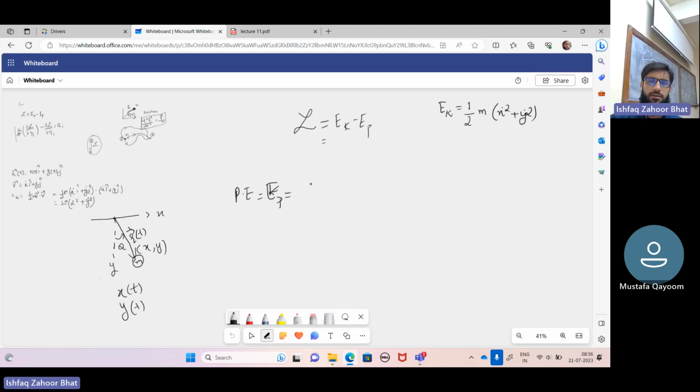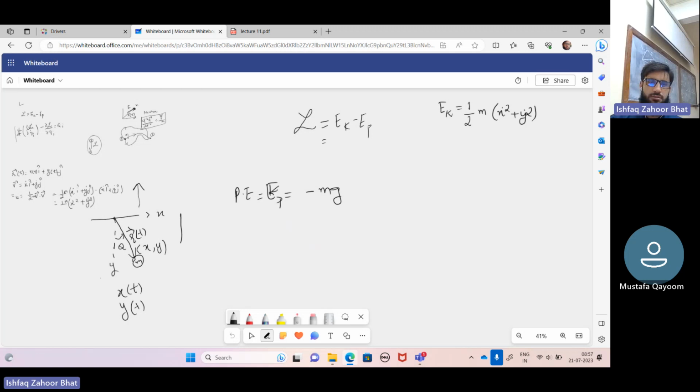If we take this line as the baseline, that is, the potential energy at x equal to 0 is 0, then we can see the potential energy for this mass is nothing but minus mg h. Potential energy increases in this direction and decreases in this direction.